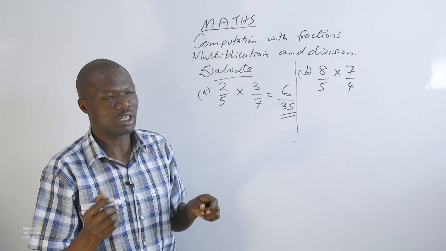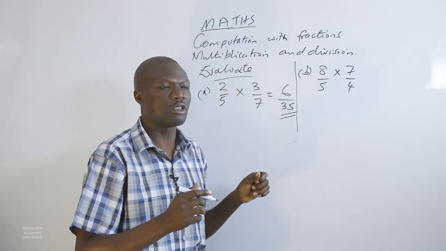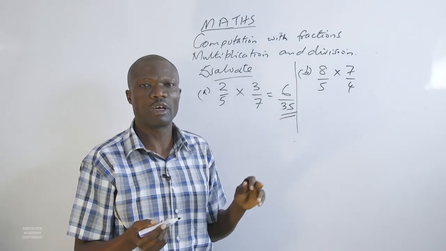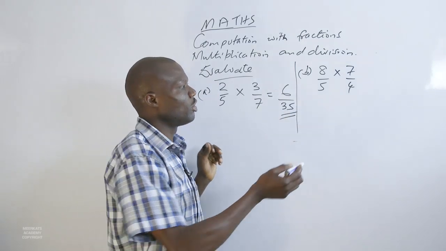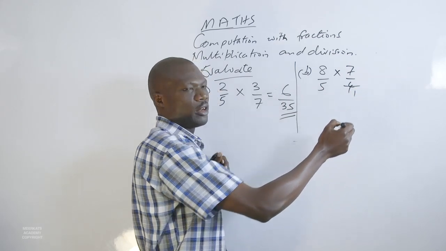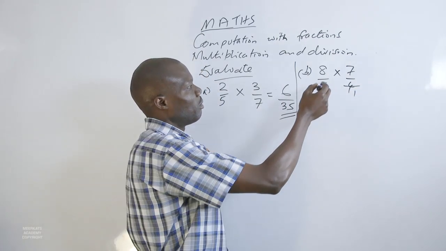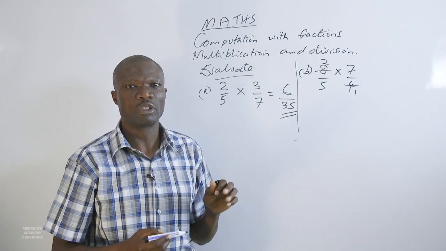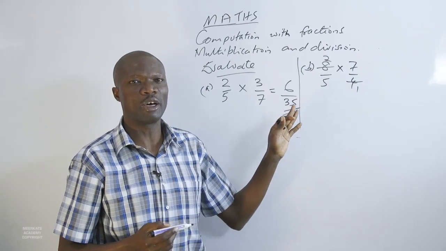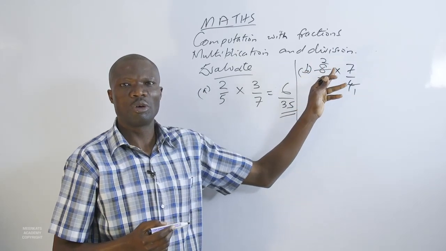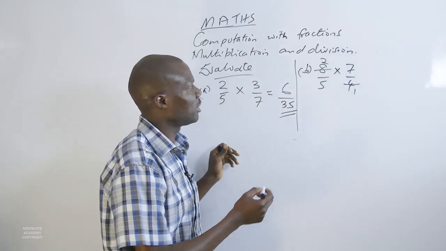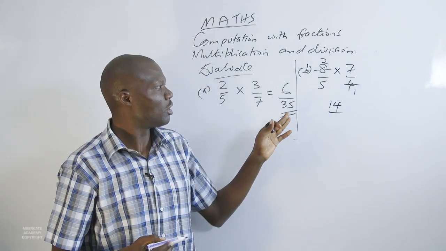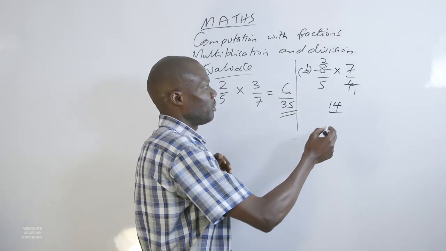So you are allowed to cancel or simplify with the highest common factor of 8 and 4, and in this case it is 4. So 8 divided by 4 gives us 2, and 4 divided by 4 gives us 1. Now we can multiply 2 by 7, you get 14, and 5 multiplied by 1, you remain with 5.